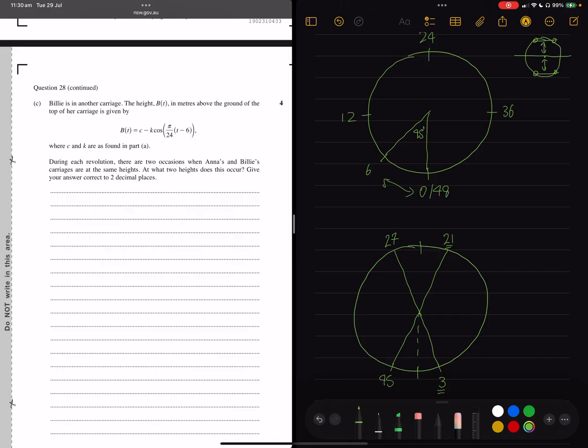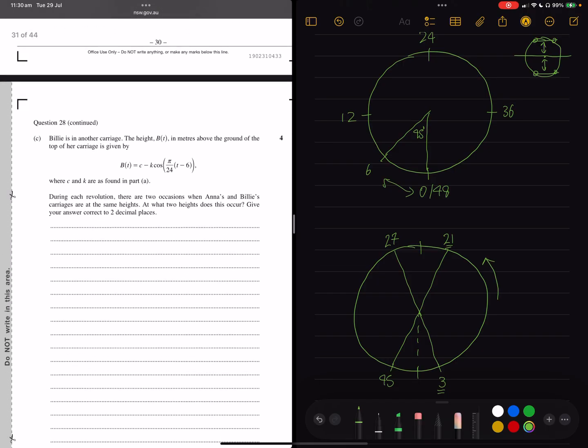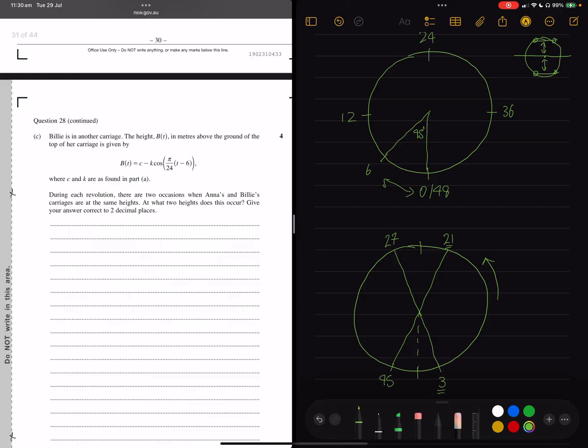So the question told us that the formula we initially got was height in meters above the ground during each revolution, 2 occasions. The original question told us the wheel is rotating counterclockwise. So counterclockwise. So given that Billy's formula is shifted by 6 seconds, this is a minus 6.